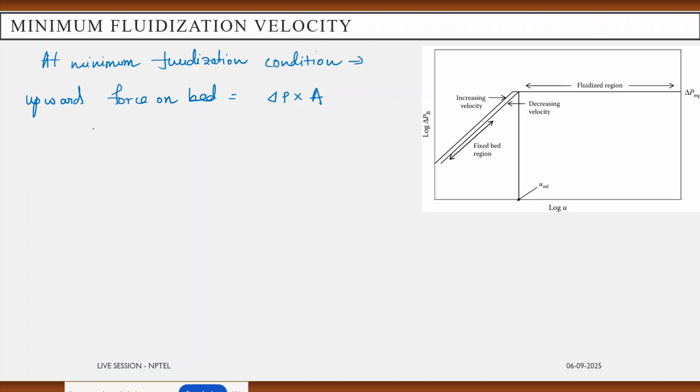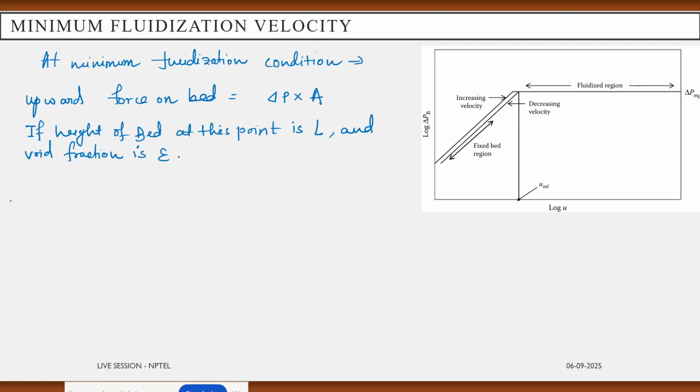If the height of the bed at this point is L, and the void fraction is epsilon, then what will be the volume of particles?